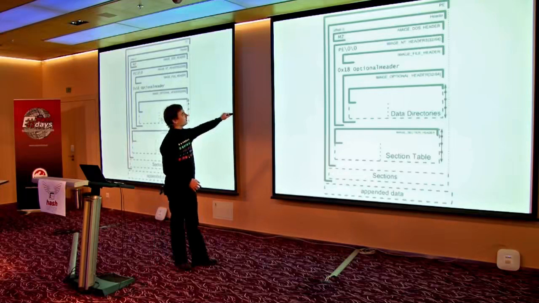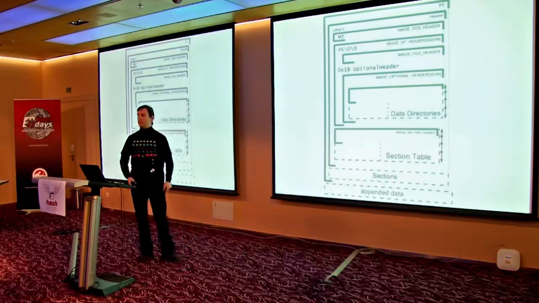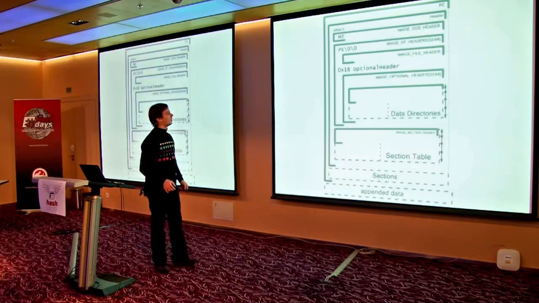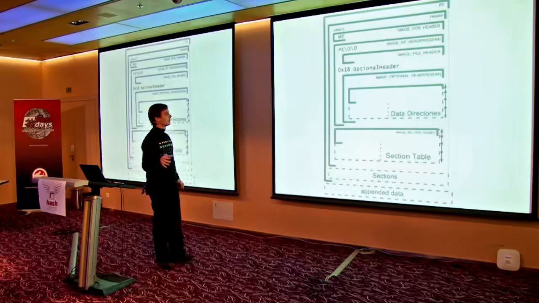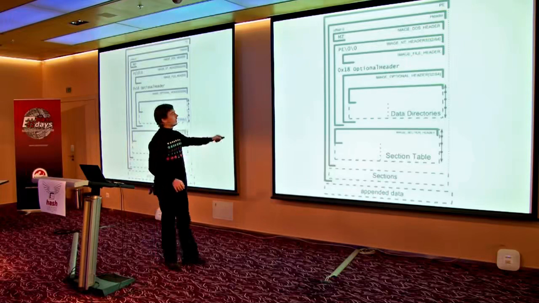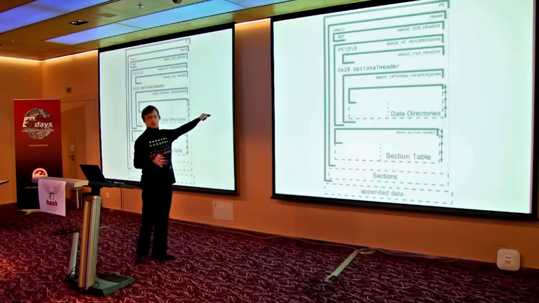And then you have the header. Originally, the top of the header is a DOS header, which was first used by Microsoft for IBM PC-DOS 1.0 in 1981. So even before MS-DOS 1.0, so way before Windows. And then they had the opportunity to add another kind of header.